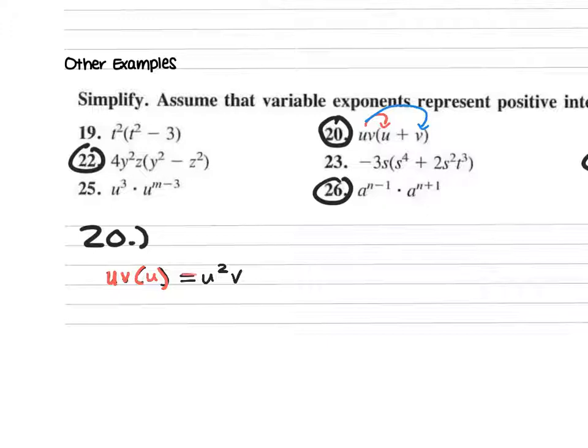This is where the red part is right there. Okay, and then the blue part was U plus V, U V to the second. Okay? And what does that become? U V to the second. And then it would be U V to the second plus V to the second power V.